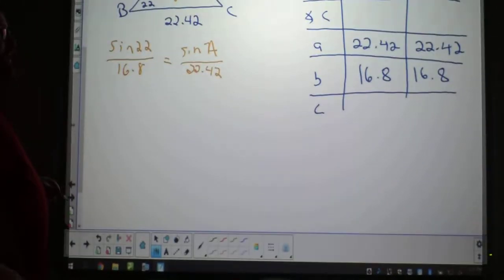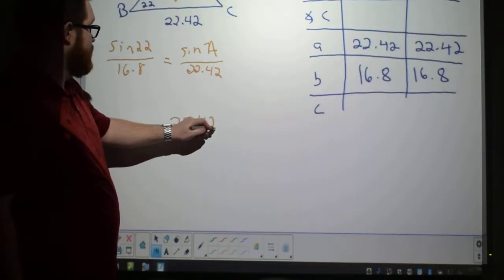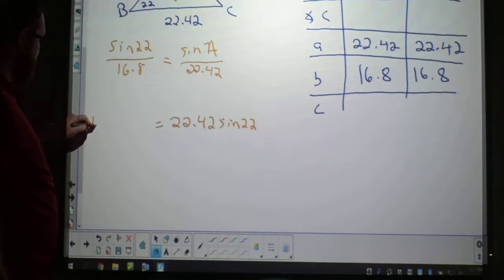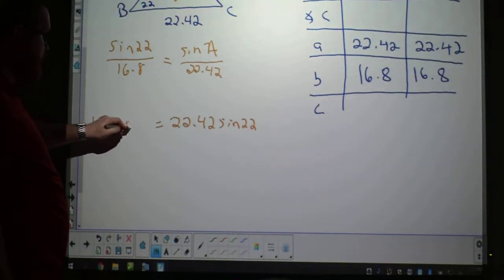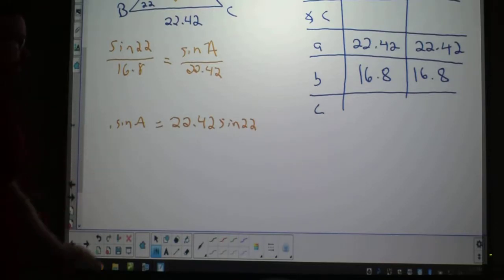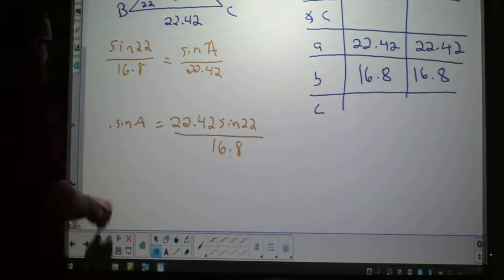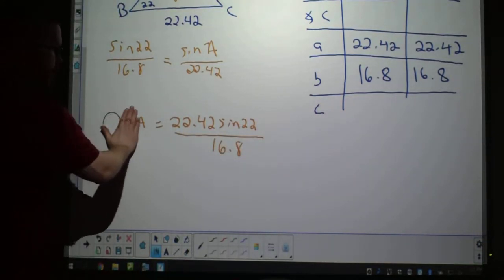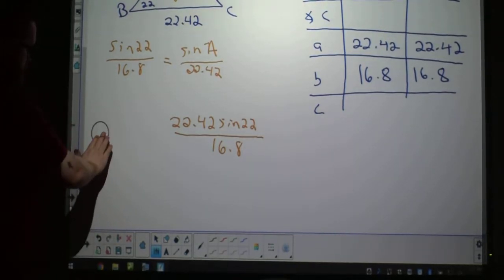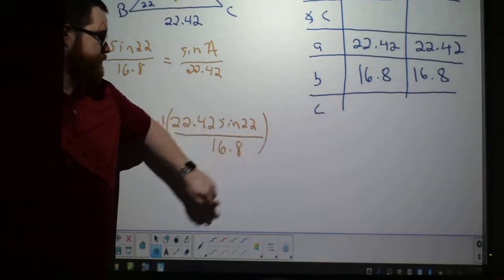If we solve for A, we would cross multiply, and we would get 22.4 sine of 22 equals 16.8 sine of A. If we kept solving, I would divide by the 16.8, and then to cancel out sine, I will do the arcsine, or the inverse sine, of both sides. So A is going to equal sine inverse of this.